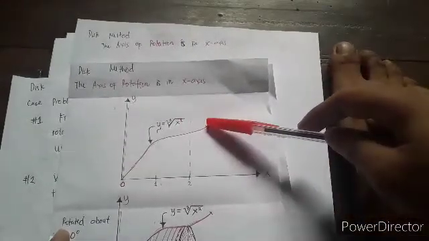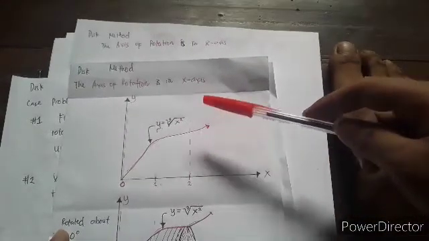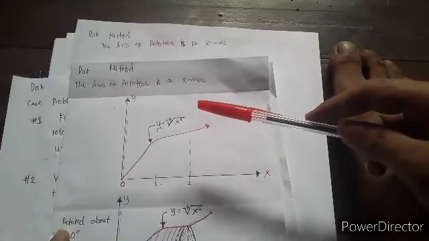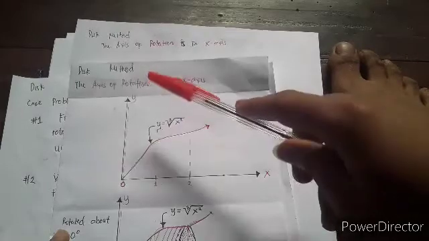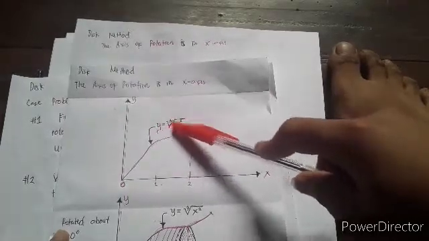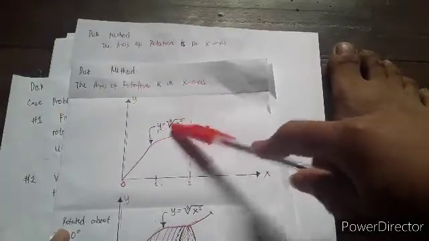If we rotate this along the x-axis by 360 degrees, what will happen? Here y represents the value of f of x, and it is our radius. So our radius is the cube root of x squared.